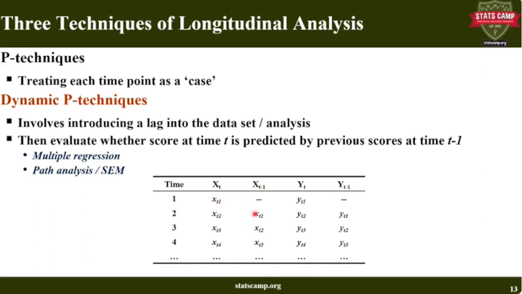So I put on the line for X2 the score for X1, so I can look at the correlation between yesterday and today. Every instance of yesterday and today, so that I can begin to look at the day-to-day associations, right? And so we can do multiple regression, we can do path analysis, but we can also do structural equation modeling.